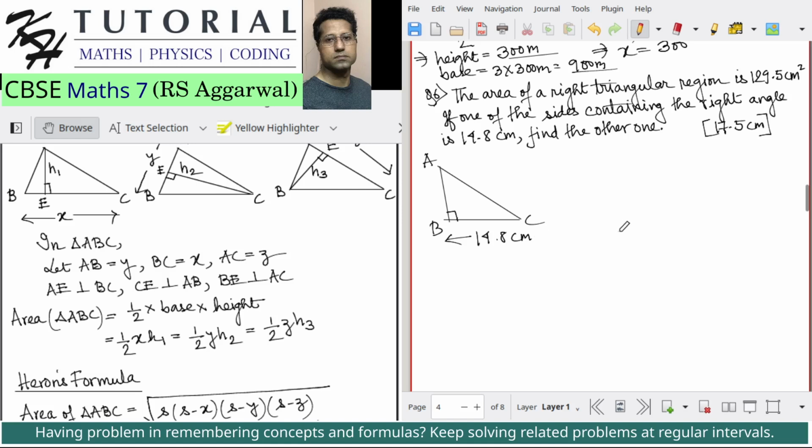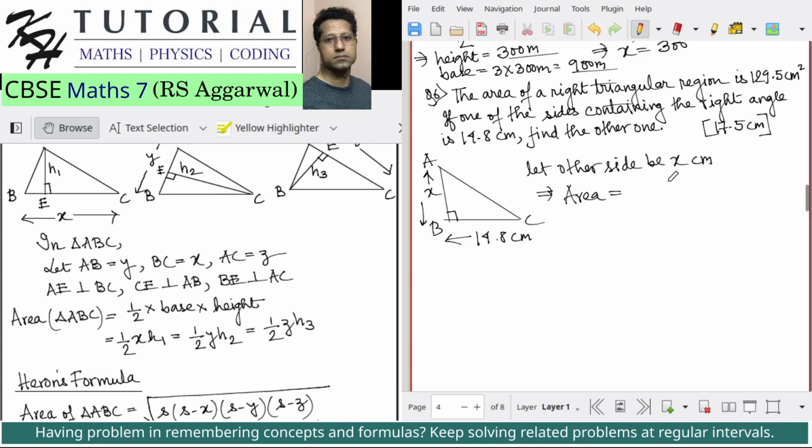Okay, and let's say the other side, we have to find the other one. Let's say this be equal to x centimeter. So let other side be x centimeter.